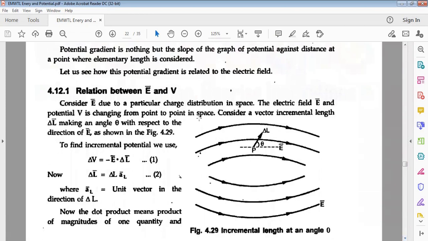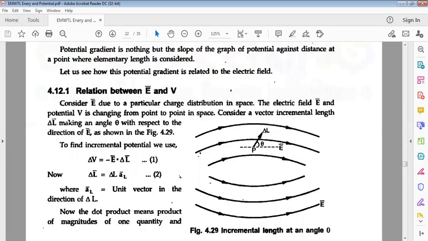And now the relation between E bar and V. Consider E bar due to a particular charge distribution in space. The electric field E bar and the potential V change from point to point in space.